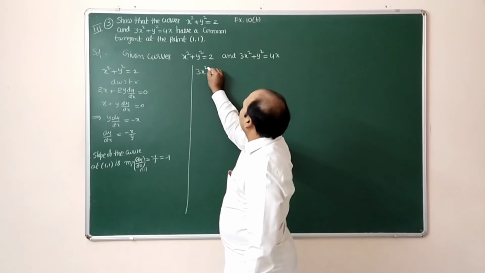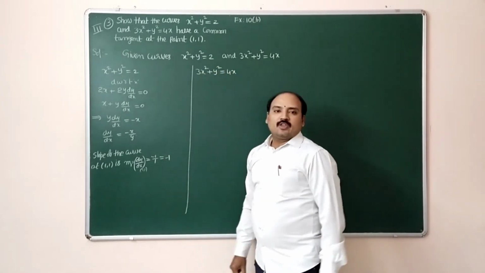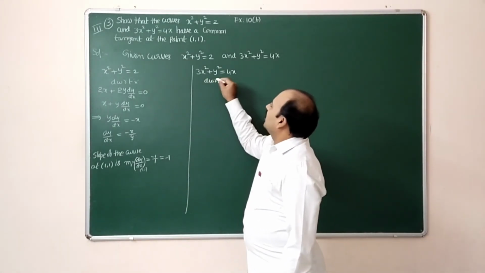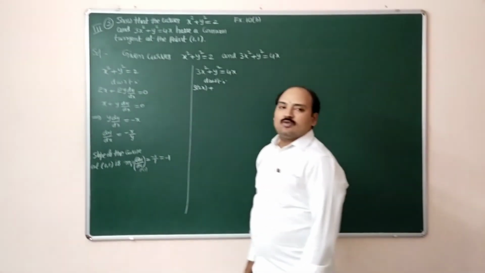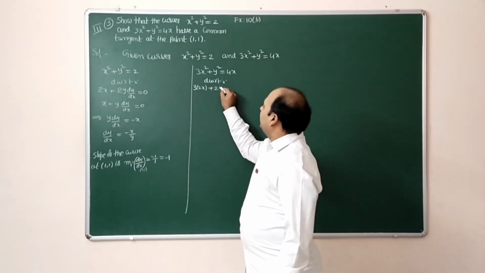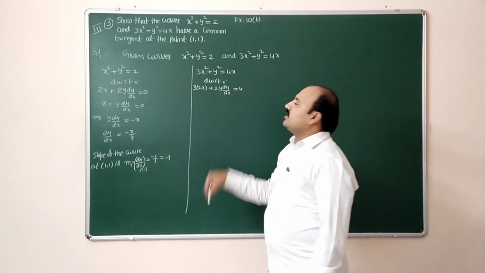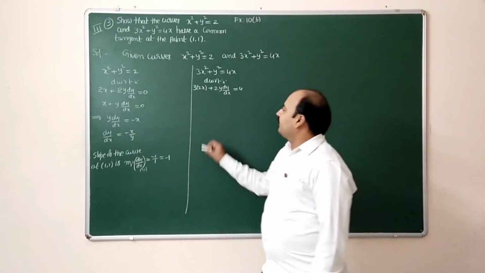3x square plus y square equal to 4x. Differentiate with respect to x. 3 into x square derivative is 2x plus y square derivative is 2y into dy by dx, which is equal to 4x derivative is 4. So both sides 2 take common and cancel.